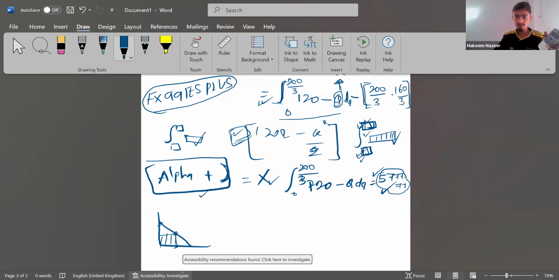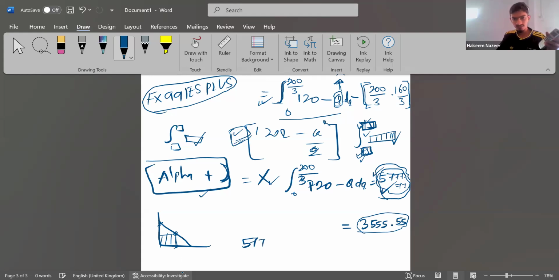Then the answer 3505.55. Then this is the area under the demand curve, and this is the expenditure we need to deduct. 577.77 minus 355.55.